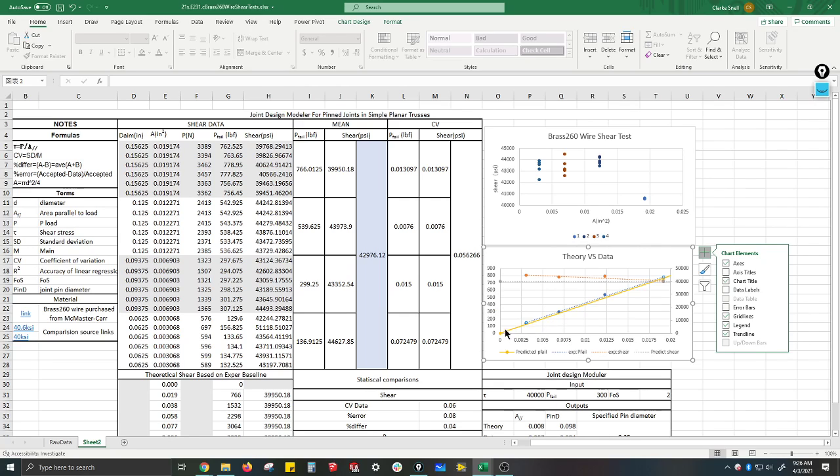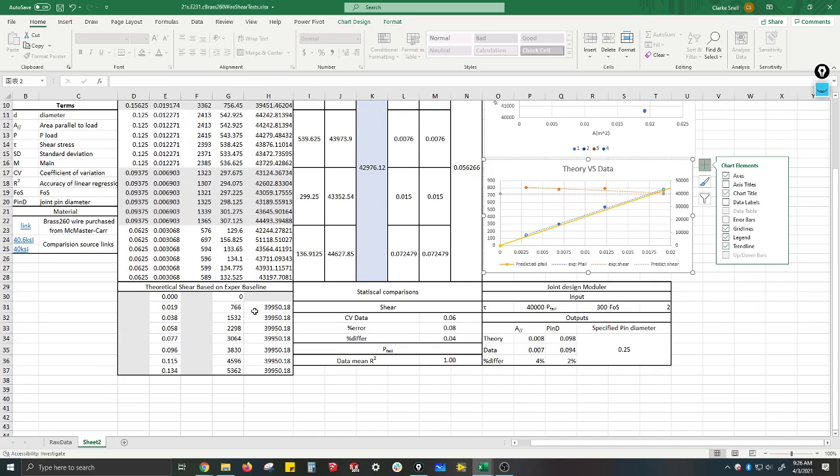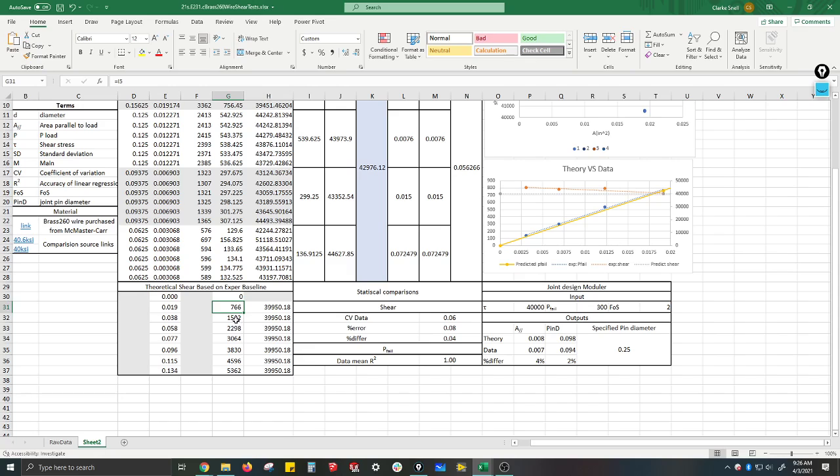Since shear stress is a material property, it should be a constant. That means it should be linear and basically a 45-degree angle like this. As we increase the area, we should increase the load that the material can take. And that's what you were doing over here. We just made this up and doubled everything to get that line.